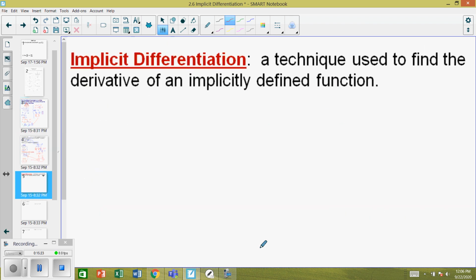Okay, let's put some steps there. So implicit differentiation is a technique used to find the derivative of an implicitly defined function, okay? So just things to keep in mind here. You're going to have x's and y's, or multivariables. It could be anything, as long as it's more than one variable.